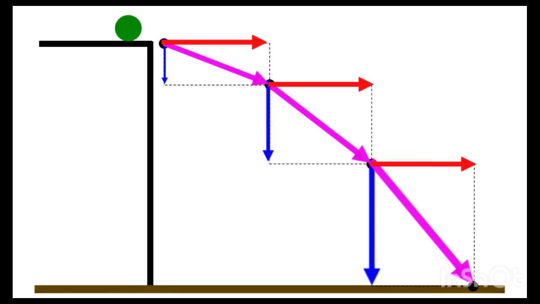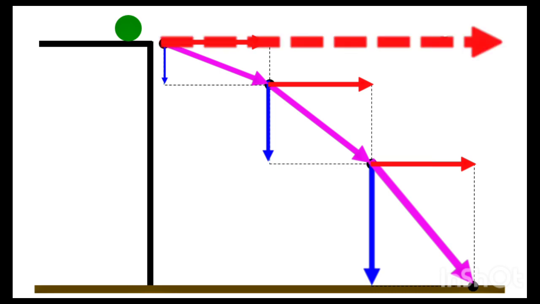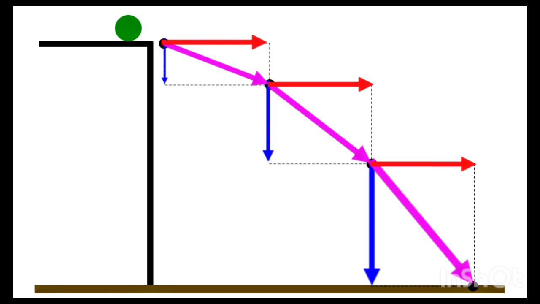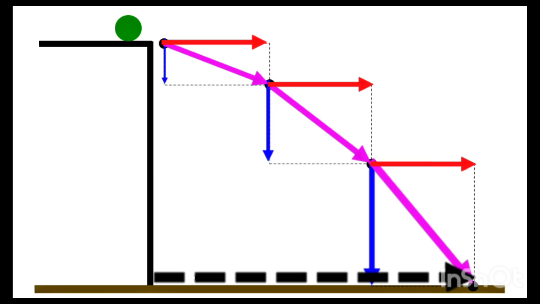Without the action of gravity, the object will continue to move in a straight line in the horizontal direction, so it will not fall. The horizontal motion is what causes this object to cover a certain range at a given time.